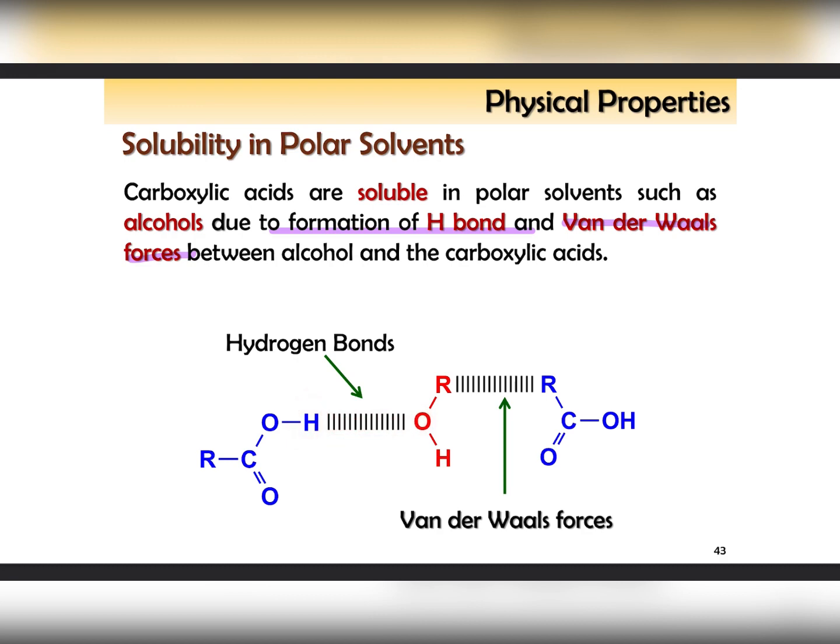Okay, and then between your carboxylic acid dengan alcohol pula, okay, between dia punya R, alkyl part of the compound, you can have the van der Waals forces. Okay, so that makes the carboxylic acid soluble in polar solvents such as alcohol.